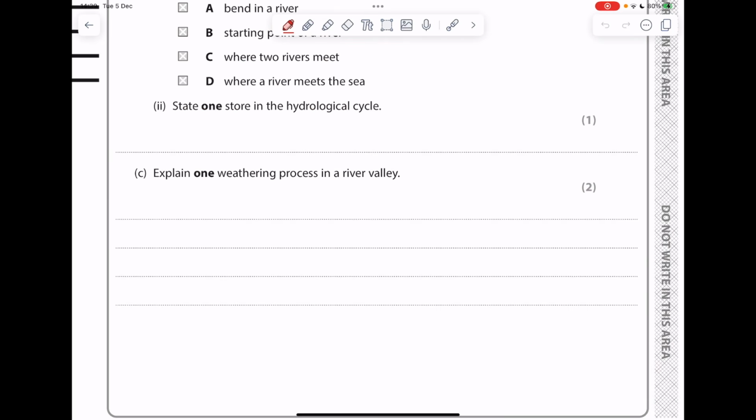Explain one weathering process in a river valley. So do you prefer the freeze-thaw weathering? Do you prefer talking about biological weathering, which is all to do with roots growing into small cracks, or maybe even chemical weathering, which is acidic rainwater, which breaks down some of the rocks? So it's up to you, but just pick one and explain it properly. I'm going to go with mechanical weathering.